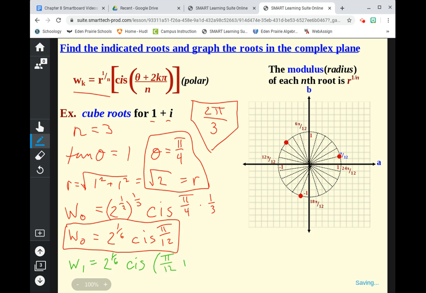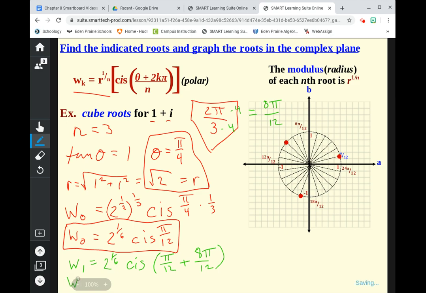plus home plate. Now, home plate was pi over 4, or excuse me, pi over 3. But what I'm going to use, I'm going to use the common denominator. So I'm going to multiply home plate by 4, get a common denominator. So really my home plate is 8 pi over 12. So right here, I'm going to add 8 pi over 12. And so finally, I have W sub 1.